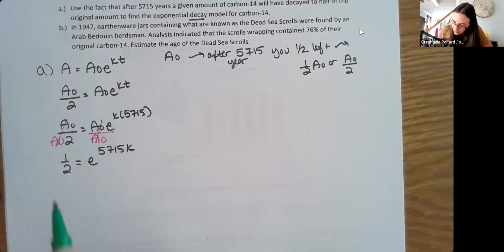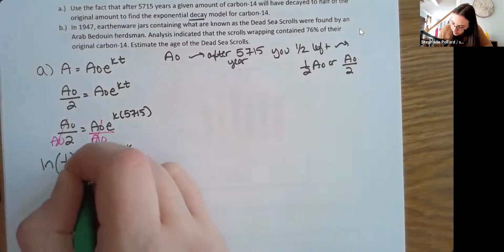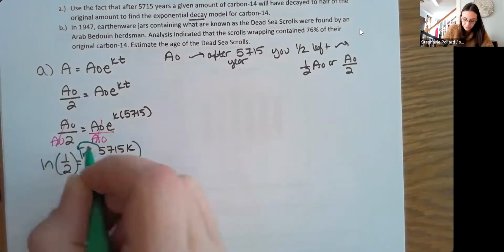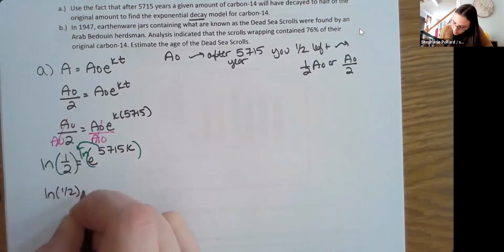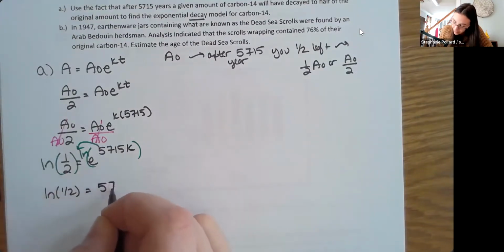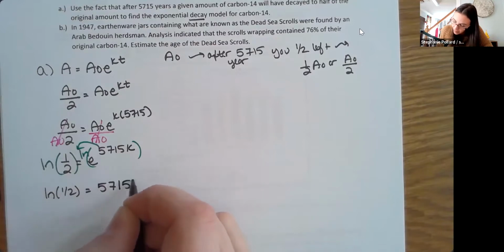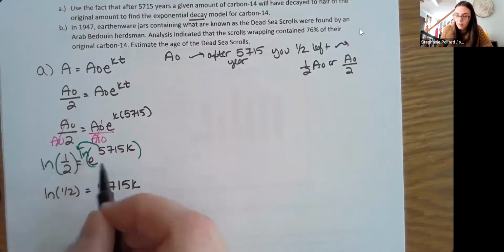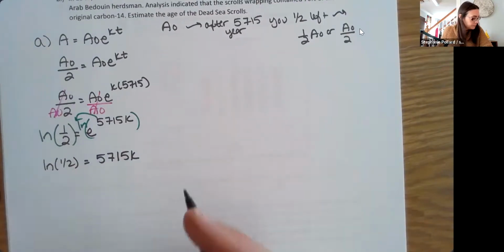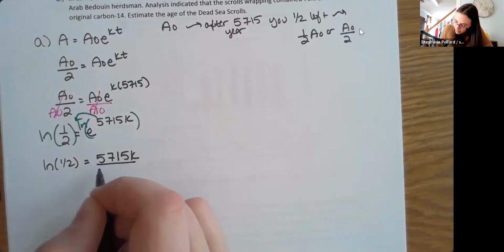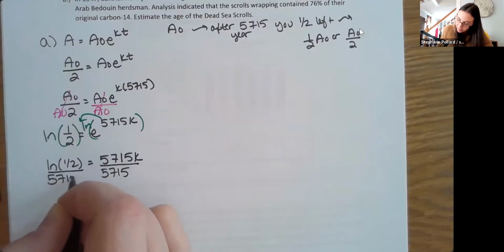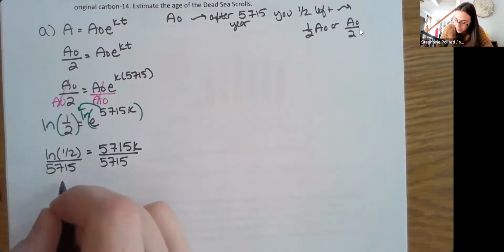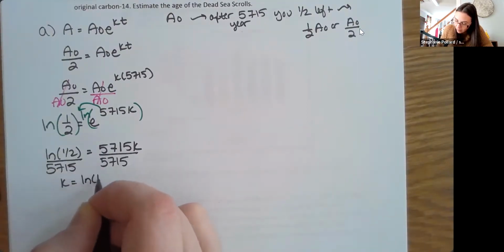I can take the natural log of both sides. So I have the natural log of 1/2 equals 5,715k. And again, natural log of e is 1, so I'm just multiplying by 1 there. Then I'm going to divide both sides by 5,715. So our k value is the natural log of 1/2 over 5,715.